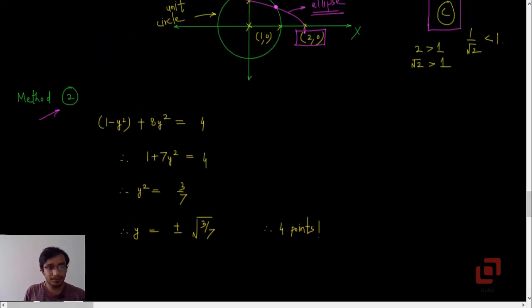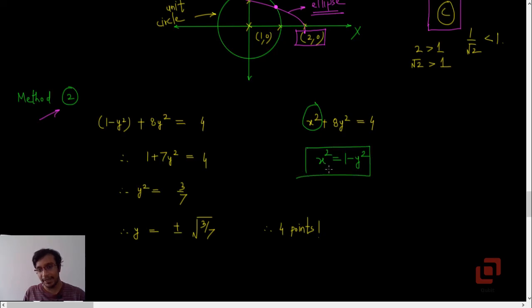Okay, method 2. So in method 2, what I have done is I have selected the equation of the ellipse. And in this equation I have replaced x squared by the x squared that you will get from the equation of the circle. If x squared plus y squared is 1, then x squared must be 1 minus y squared, and then I have put it here.